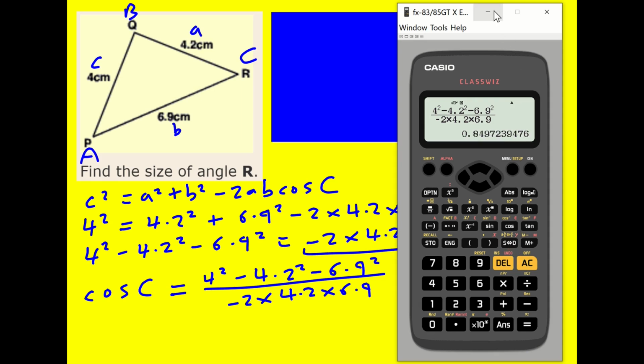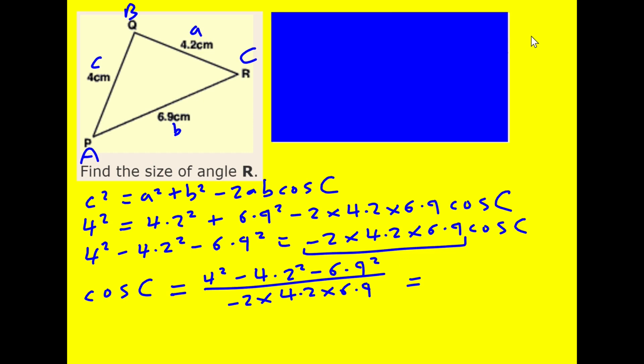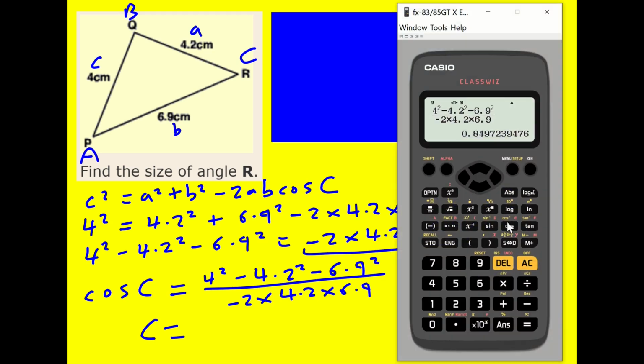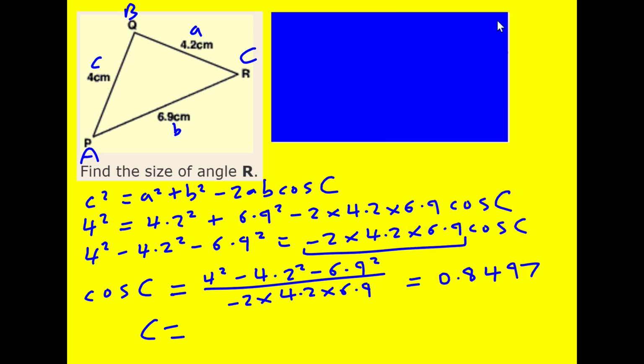Actually, it's exact, but okay, 0.8497. So c is going to be inverse cos of that. Don't forget to do that. 31.81, or 31.8 degrees. Well done if you got that. I hope it's making sense and you can now find angles with the cosine rule.